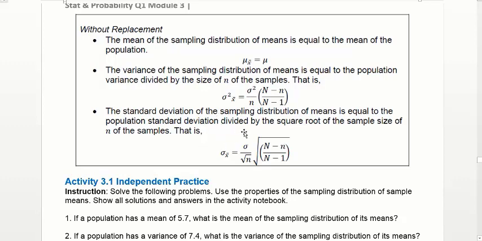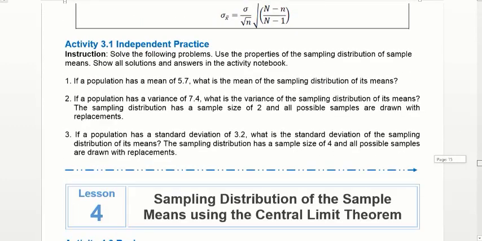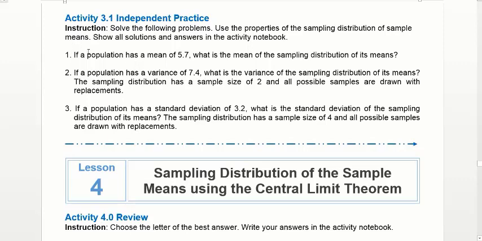And then the standard deviation of the sample means would be the standard deviation of the population over the square root of the sample size. Okay? So I hope you would be able to answer the following practice questions.